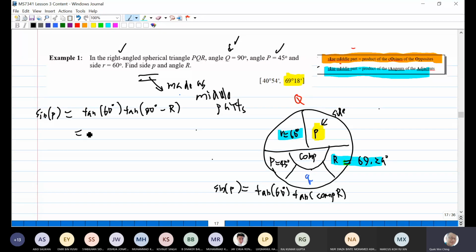So tangent 60, tangent 90 minus R is 1 over tangent R now, which is 1 over tangent 69.28.